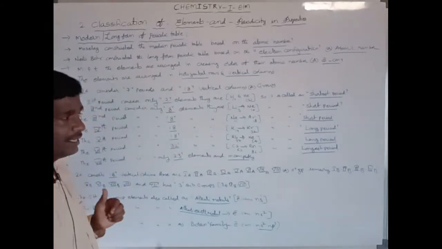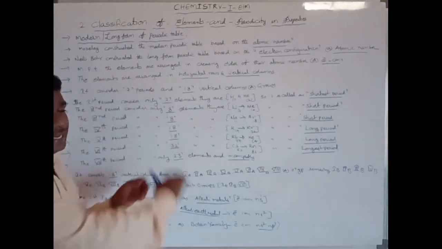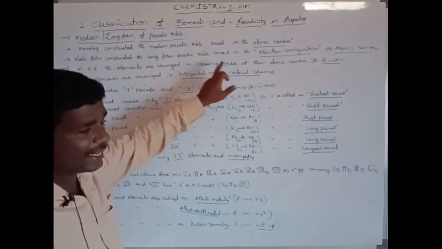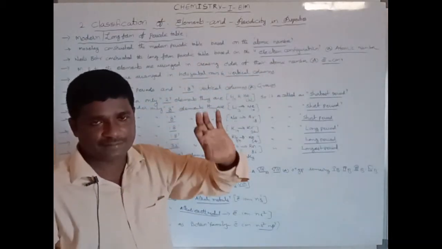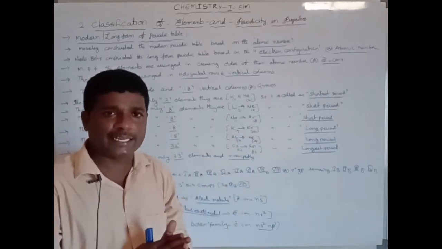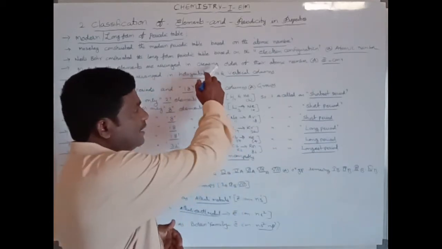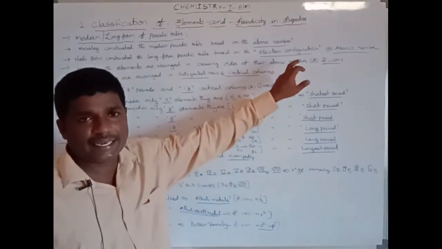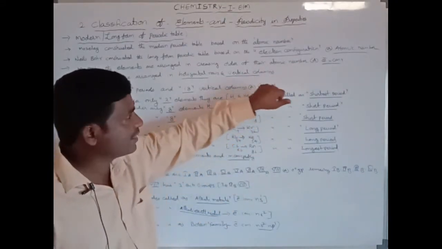In the modern periodic table the elements are arranged in increasing order of their atomic number, or electron configuration.